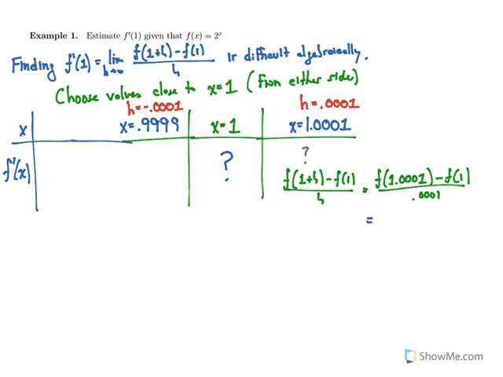So that is going to be 2 to the 1.0001 minus 2 to the first over 0.0001.